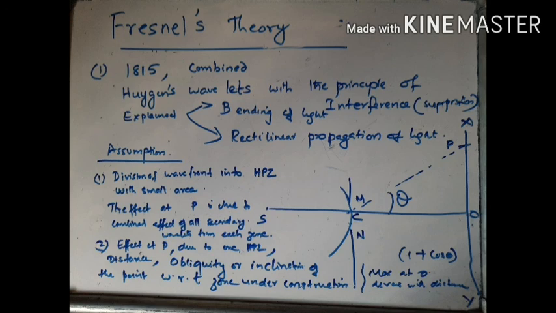And we can also see another important result: the primary wavefront should give a wave travelling forward as well as backward. As the amplitude of the rear wave is 0, there will be no back wave. There will be only a forward wave from the primary wavefront. That is an important result we are getting out of this Fresnel theory.